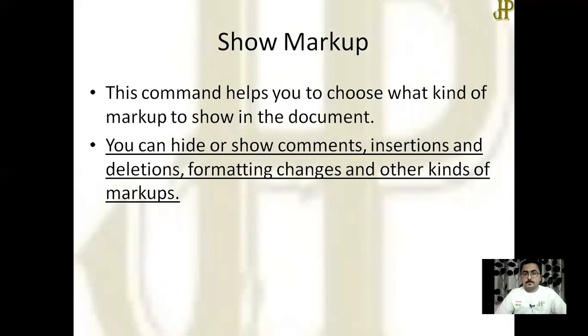Show Markup helps you choose what kind of markup to show in the document. If you want to hide comments, or show some tracking changes, you can do this with the Show Markup option.